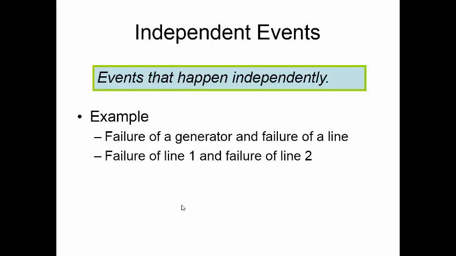So, for example, if you have a generator and a transmission line, and the failure of line 1, the failure of line 2, and the failure of the generator are independent, that means that the failure of the generator does not cause the failure of the line, or the failure of the line doesn't cause the failure of the generator.